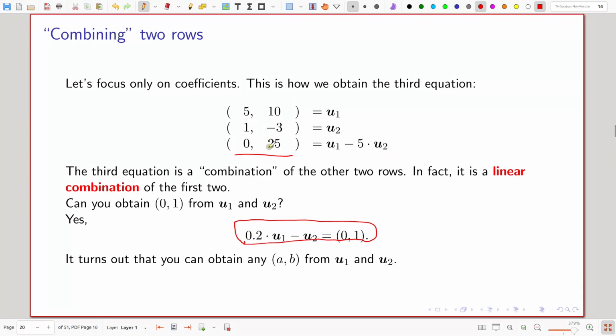This should be 5, sorry. So if you want to get 0, 1 from this, I can just divide the whole thing by 5, right? And you can come back to look at the original vectors. If you divide everything by 5, this is like multiplying by 0.2, and this is like subtracting u1, and you get 0, 1. Right? So you can actually obtain any vector from u1 and u2 as well.